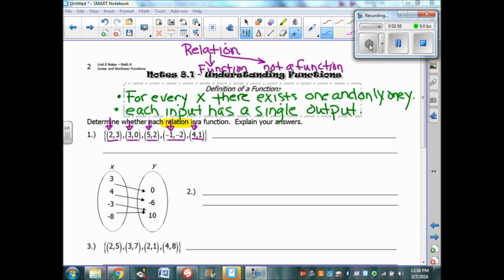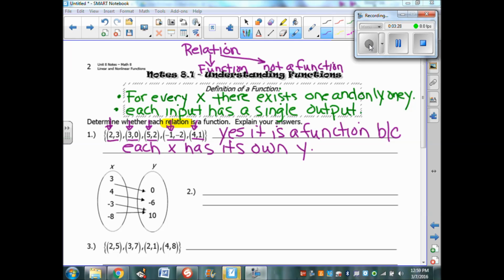I don't have an x that goes to a different y. The x's are a little fussy like that. So we'd say, yes, it is a function, because each x has its own y.